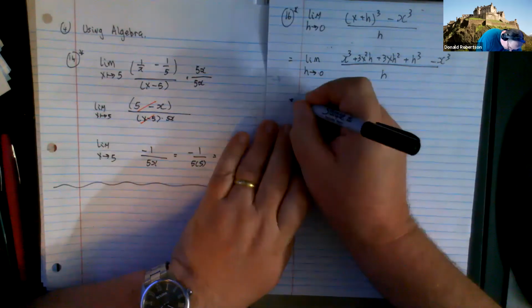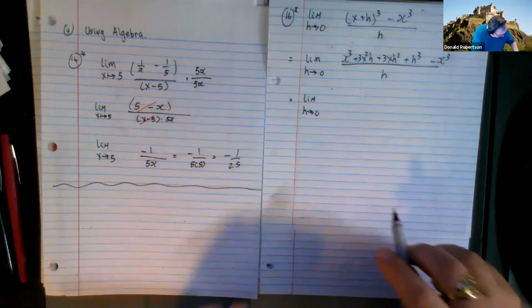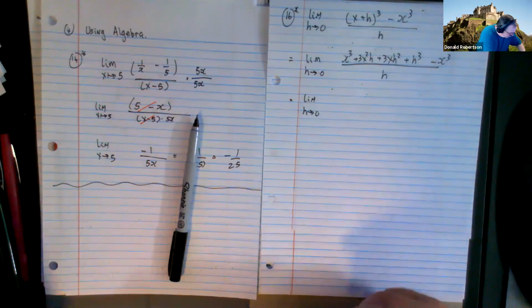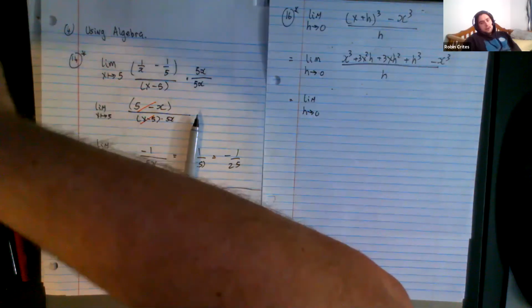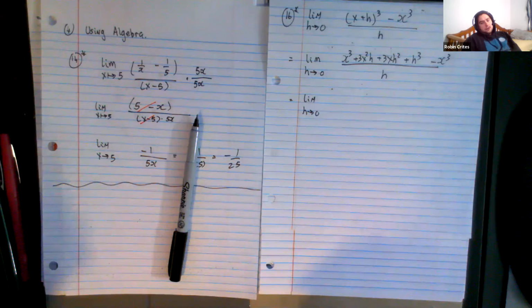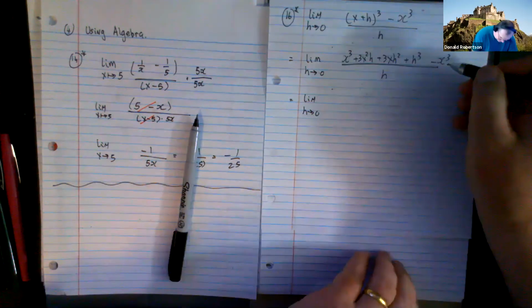So let's see what algebra has brought us. Well, actually, something nice happened. Can you see it? X cubed cancels and you can factor an h. Agreed. Cancels.